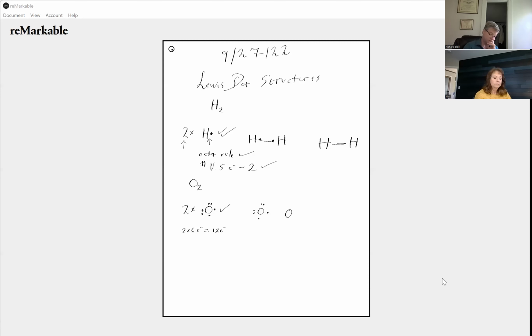Now, when I put the second one down, I know I'm going to want to form a bond. So we may as well just put this electron here, like we expect. Don't put this in your notes yet. Okay? And we can form our bond.